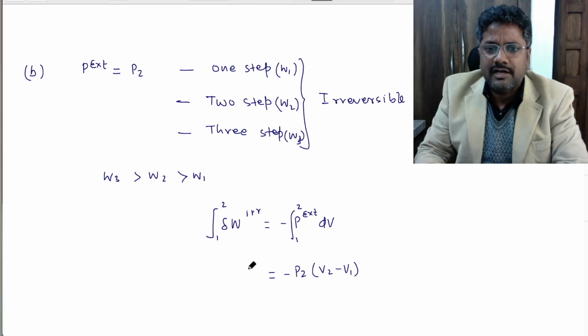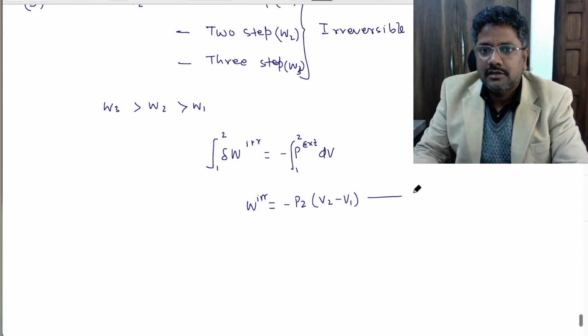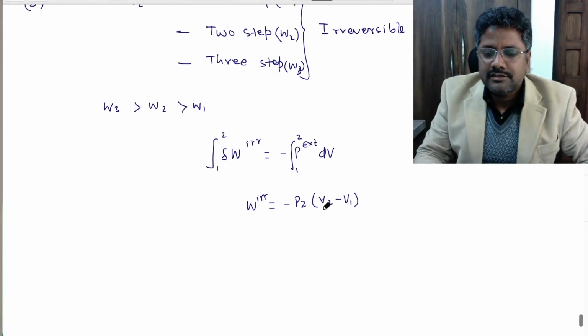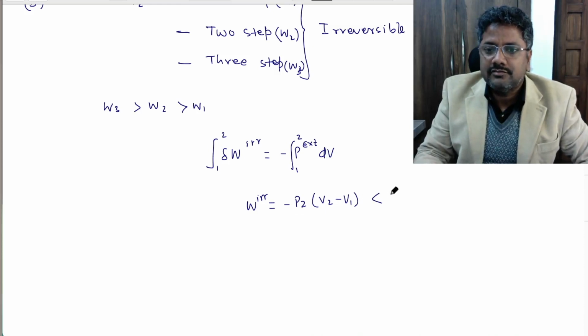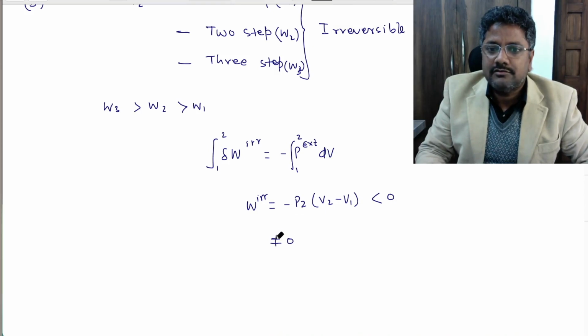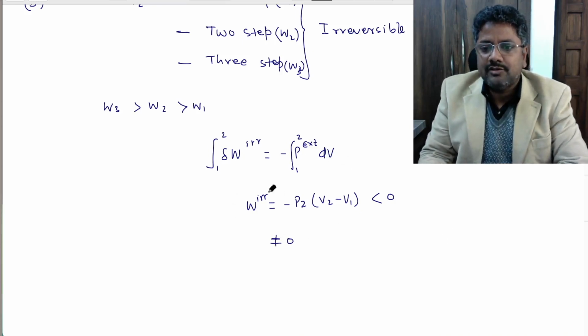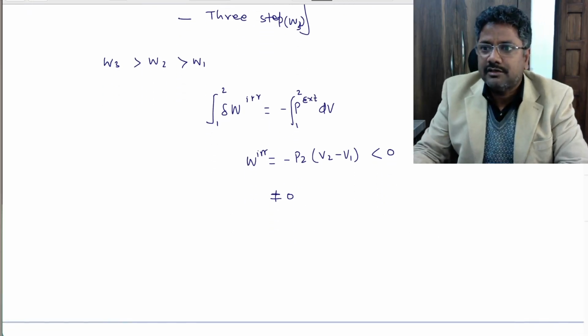So there is some value for W irreversible, and you can say it is less than 0, means not equal to 0. Clear to everybody? Okay. So this formula you have to use to calculate the work in such types of processes. So this is for work.